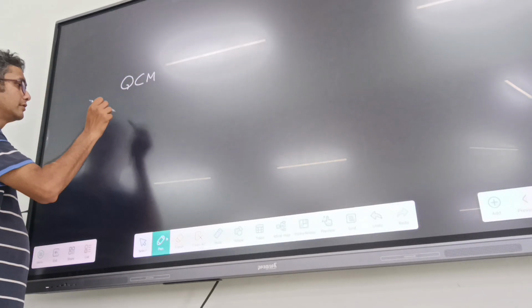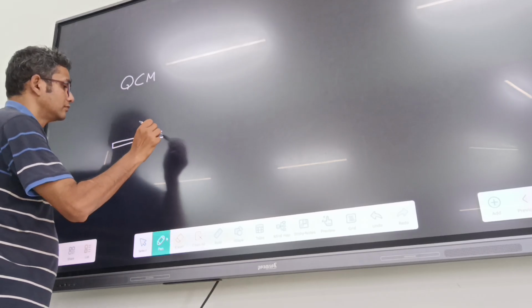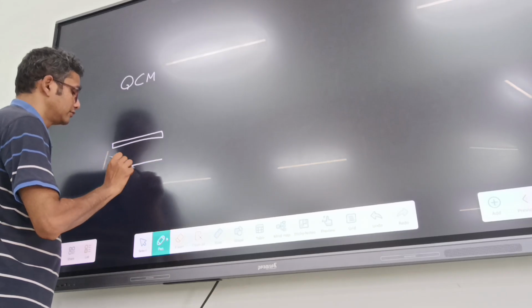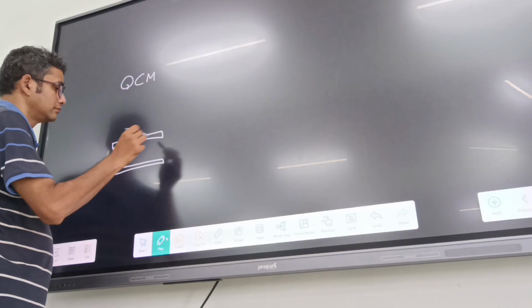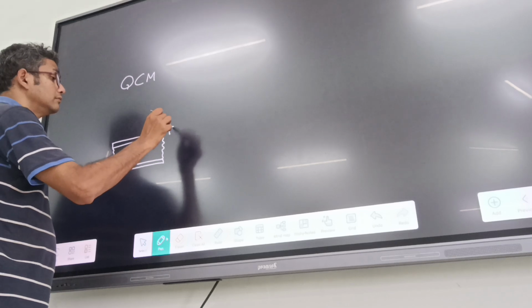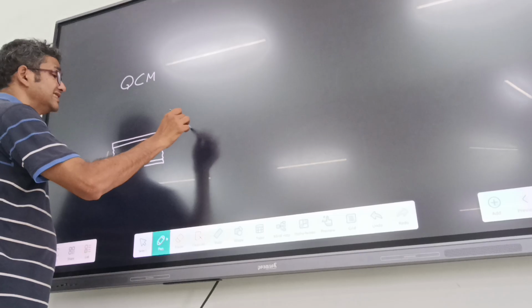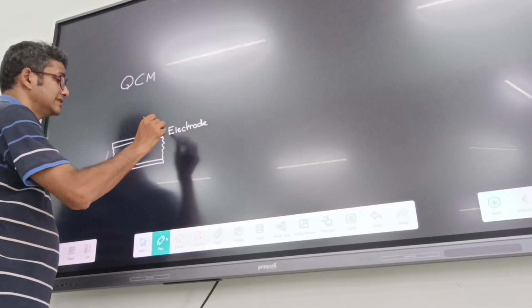It's based upon, so basically you have an electrode, top electrode and down electrode. This is also an electrode.